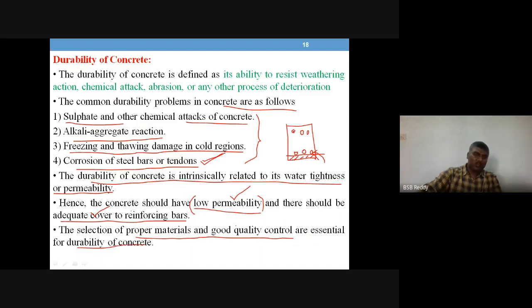Okay, so improve the water tightness of the concrete, that will take care of the durability, and maintain sufficient cover, that is also required, and maintain good quality control. Means the way you prepare the concrete shall be with the utmost quality, so that it takes care of durability of the concrete. Okay, right.